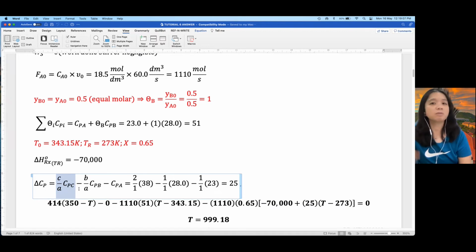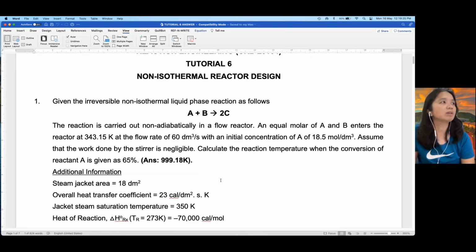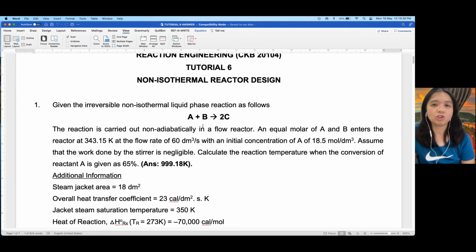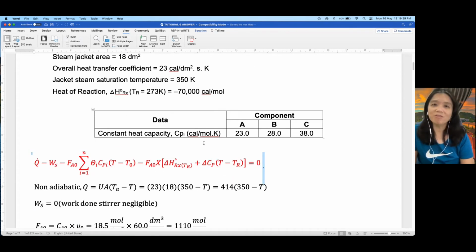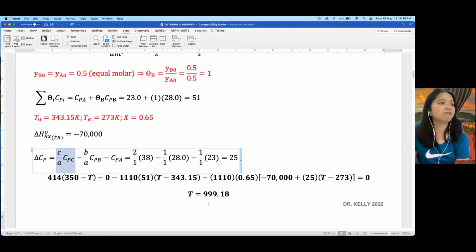Why minus? Because B is a reactant. And minus heat capacity of A, CPA. Technically, it's minus A per A, but A per A is 1, so we leave it. We do not write the A per A because it's understandable. So just make sure you correctly refer to the right stoichiometric coefficient, and the correct table of the CP values. You're able to get the delta CP as 25.